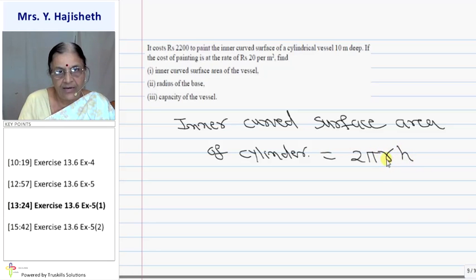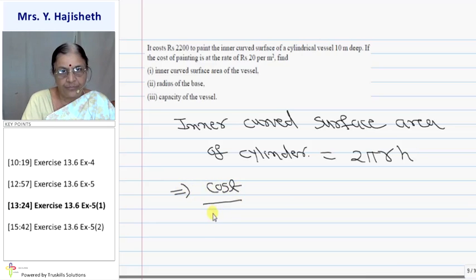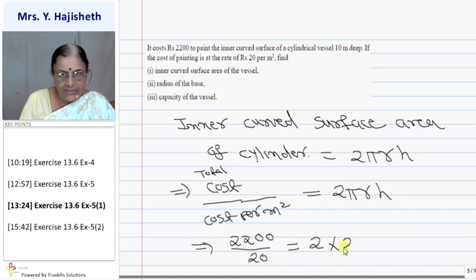इनर कर्व सरफेस एरिया का जो कॉस्ट है वो 2200 है और रेट ऑफ जो है वो 20 पर मीटर स्क्वायर है. सो इनर कर्व सरफेस एरिया ऑफ सिलेंडर इज कॉस्ट अपॉन रेट पर मीटर स्क्वायर. जो रेट है ना, टोटल कॉस्ट अपॉन कॉस्ट पर मीटर स्क्वायर. समझ में आया? दैट इज द कर्व सरफेस एरिया 2 pi RH. नाउ टोटल कॉस्ट इज 2200 एंड कॉस्ट पर मीटर स्क्वायर इज ₹20 इज इक्वल टू 2 इंटू पाई की जगह 22/7.